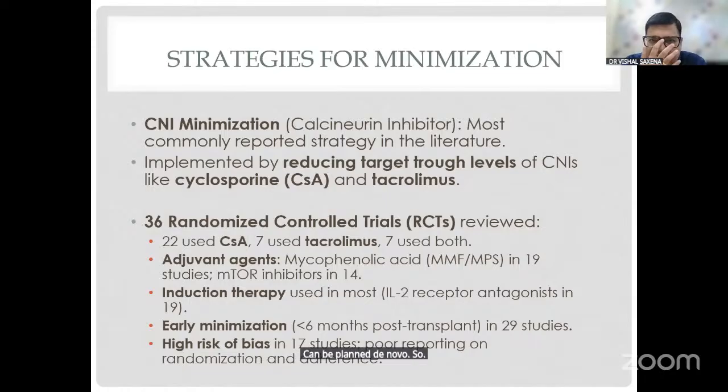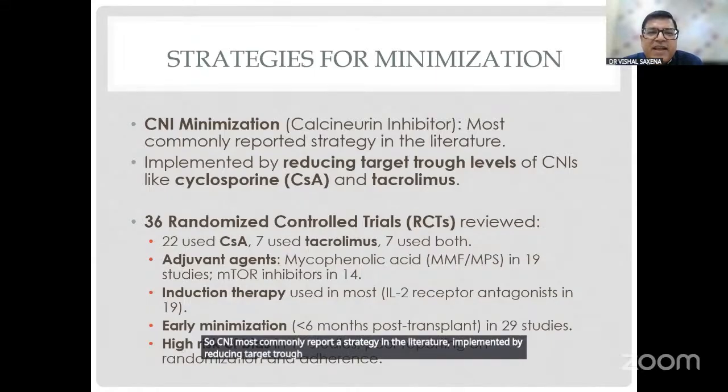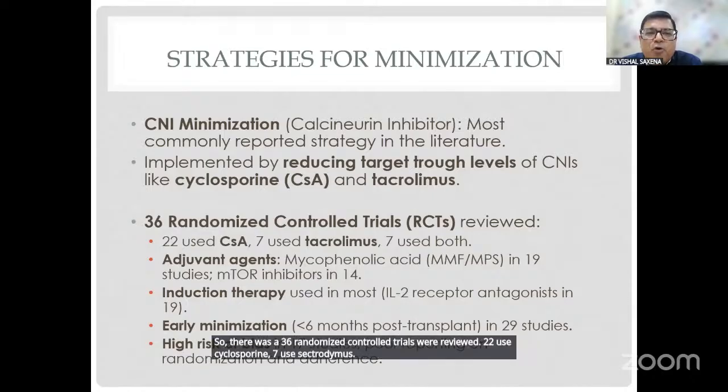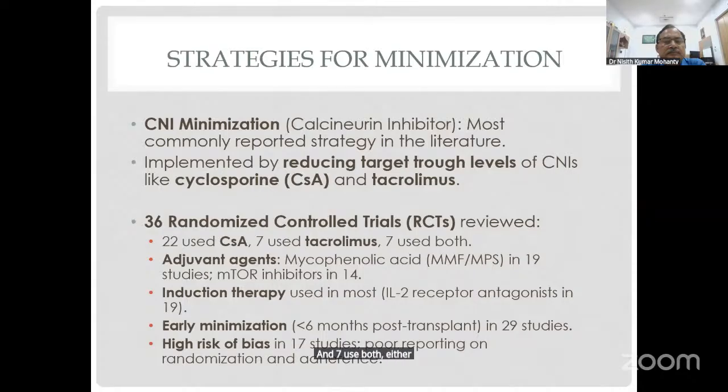So, strategies of minimization. CNI minimization is the most commonly reported strategy in the literature, implemented by reducing target trough levels of CNIs like cyclosporin and tacrolimus. There were 36 randomized controlled trials reviewed. 22 used cyclosporin, 7 used tacrolimus, and 7 used both, either sequentially or together.